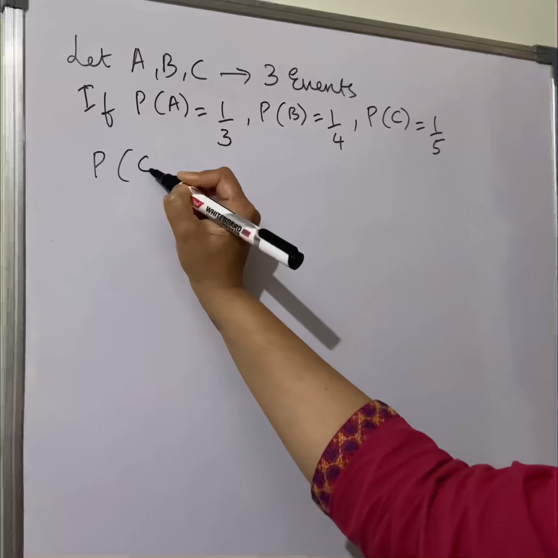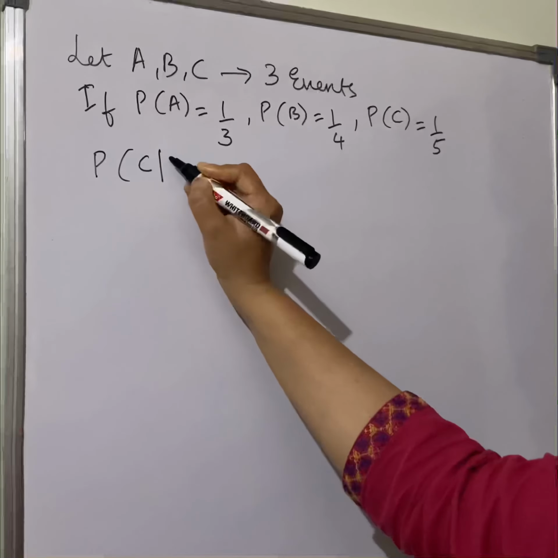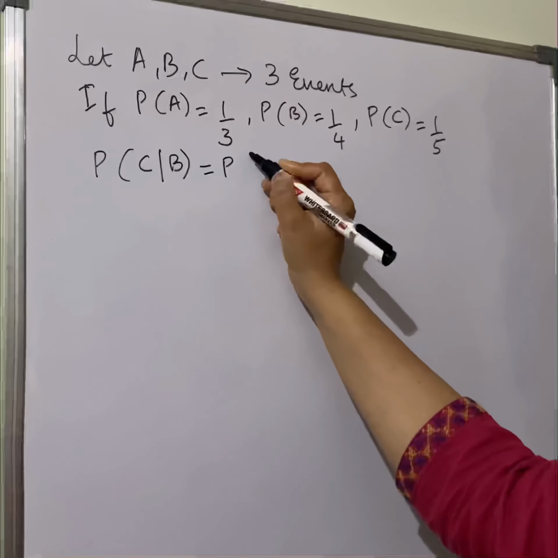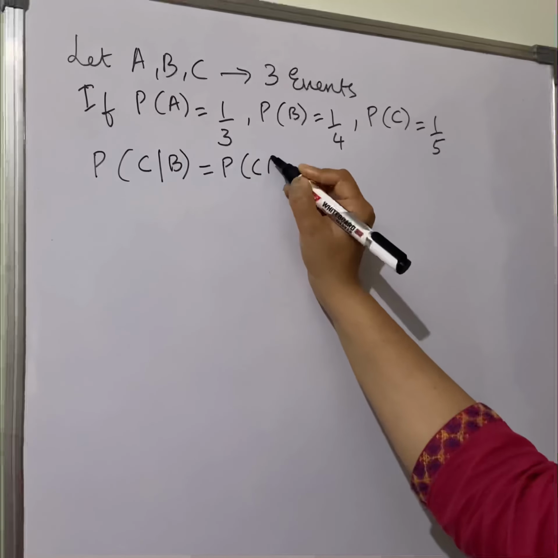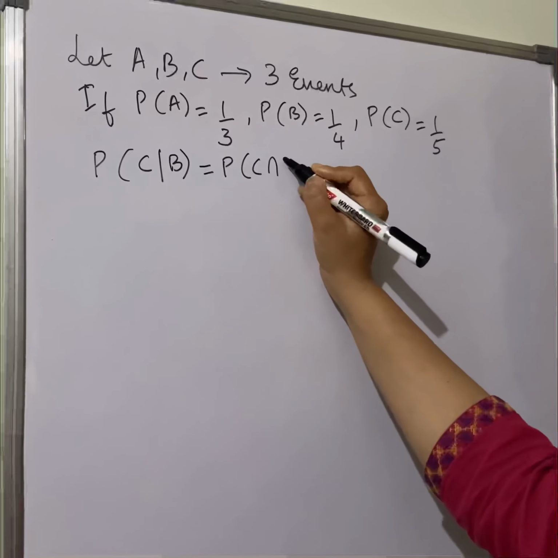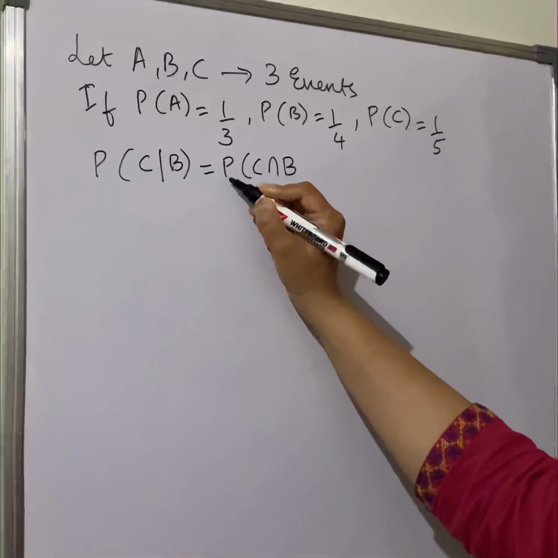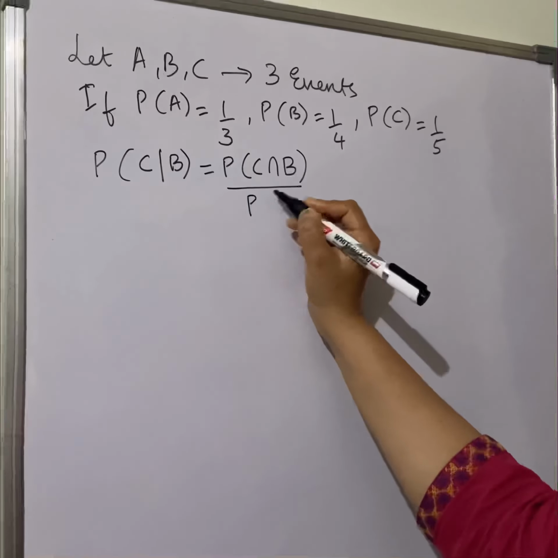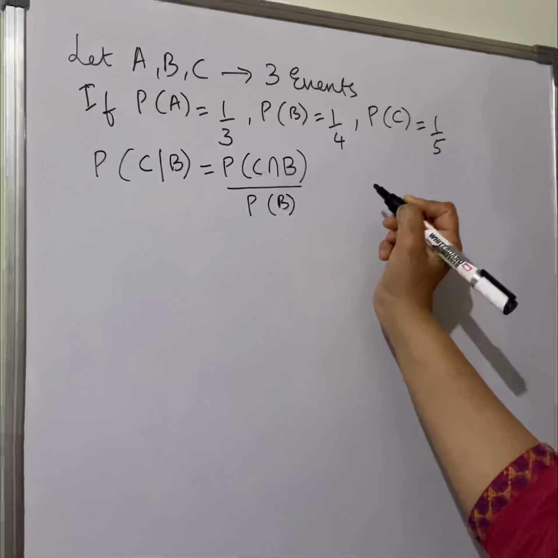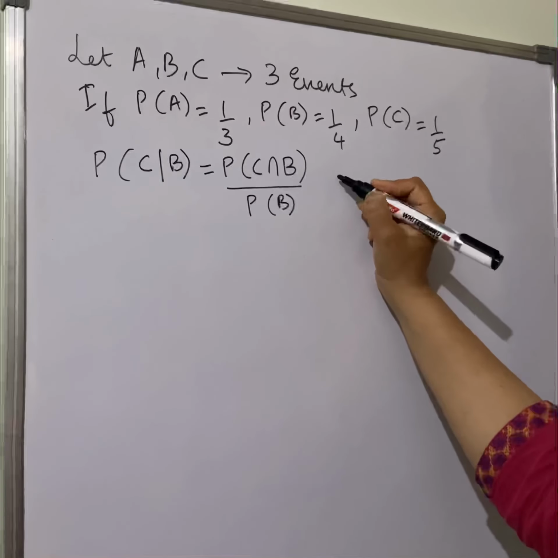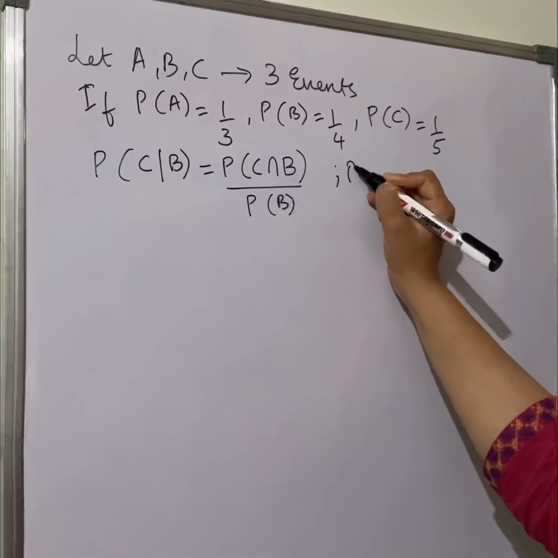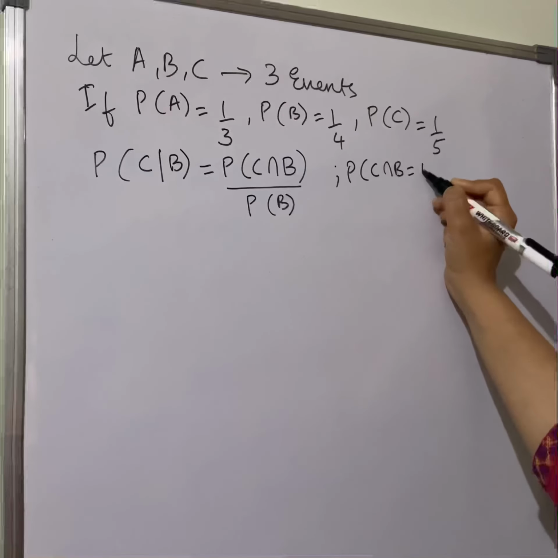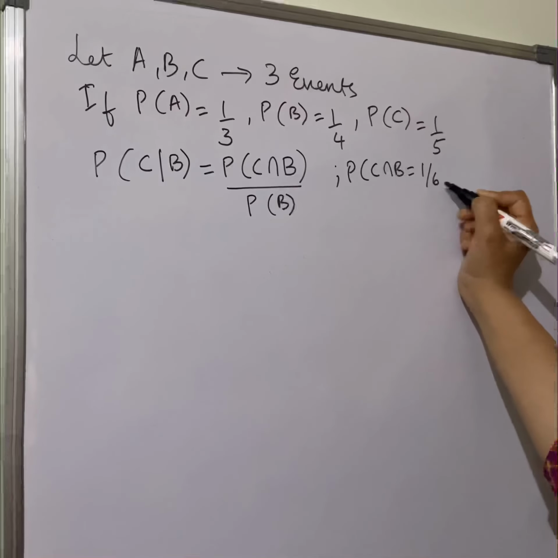probability of C happening given B happens if we know probability of C and B happening divided by probability of B. In this problem, we are given probability of C intersection B to be 1 by 6.